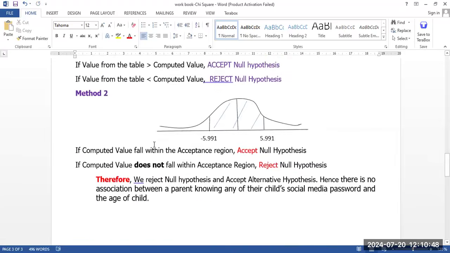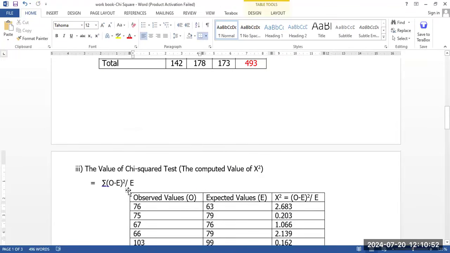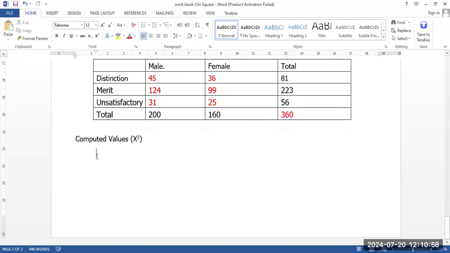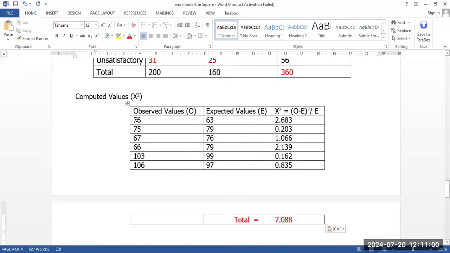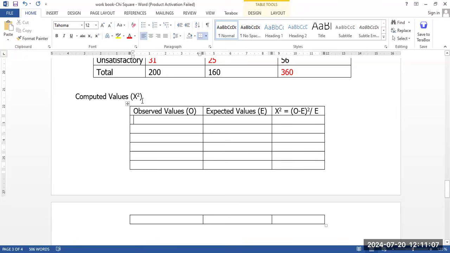Draw this table the way it is given. Just remove these values because they are not correct and put the correct values.